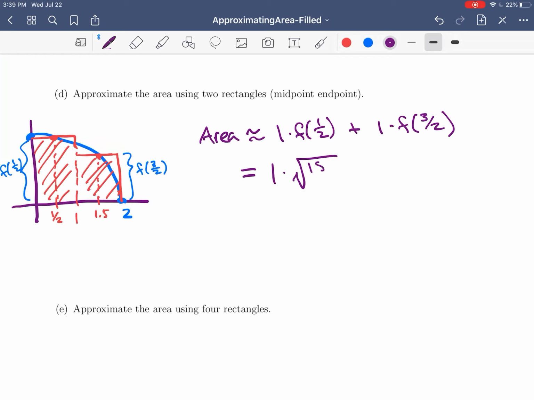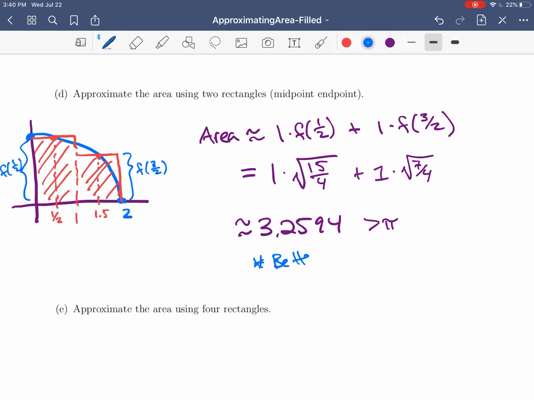The height for 1/2 is square root of 15 over 4, and the height for 3/2 is square root of 7 over 4. So these are in the square roots. So this is approximately 3.2594. So it's still a bit bigger than pi, it turns out, but closer. So this is a better approximation.